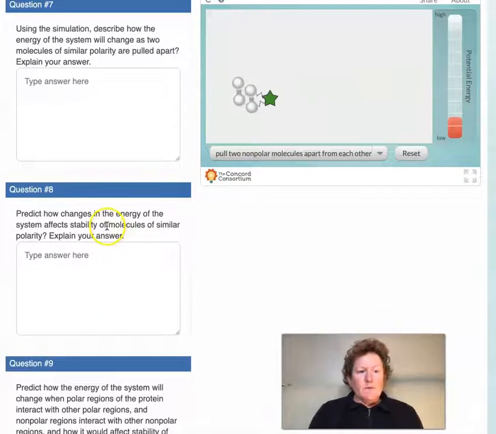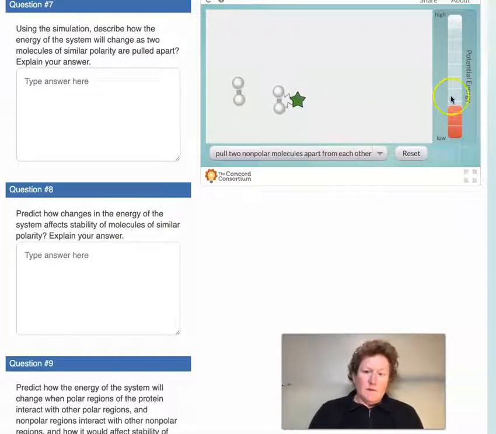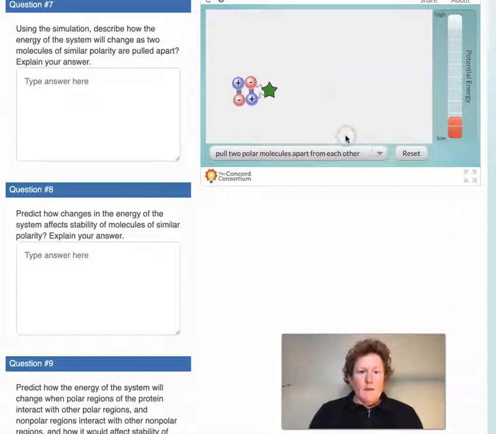Question 8, predict how changes in the energy of the system affects the stability of the molecules of similar polarity. So if we pull these apart, they're probably going to want to get back together a little bit. There's a little bit of potential energy. This is pretty stable. There's a little bit more potential energy if we pull them apart, but it certainly looks like this molecular interaction is going to be far more stable if it's together.